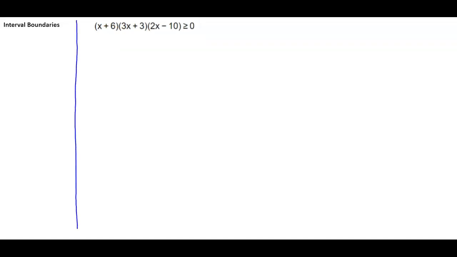Okay? So we're going to write this as an equation in factored form. Well, it's already in factored form, which is (x + 6)(3x + 3)(2x - 10), and that's equal to 0. So we're going to use the zero product rule.